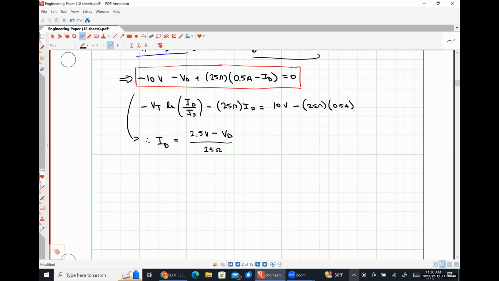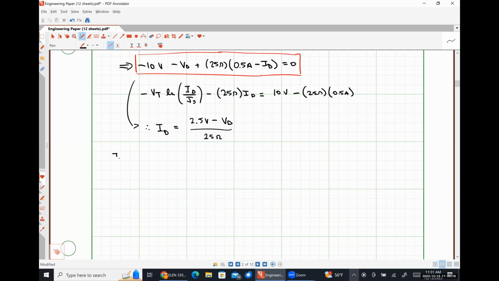So 25 ohms times half an amp is 12.5. So 10 minus the 12.5 is going to be negative 2.5. So that's where that 2.5 is coming from when we move stuff around correctly.